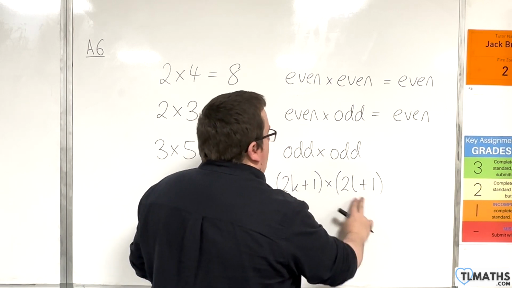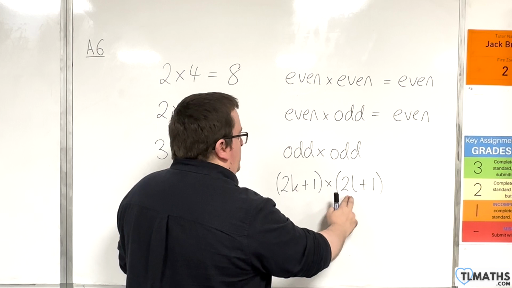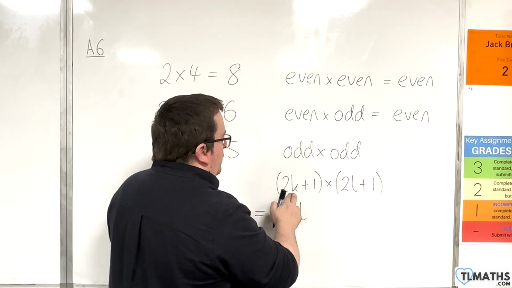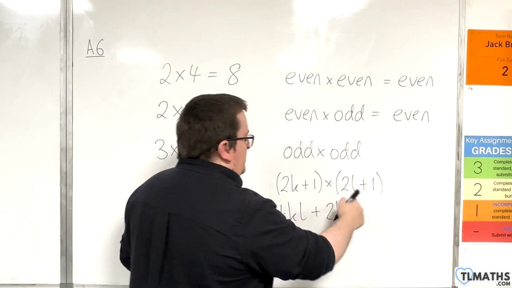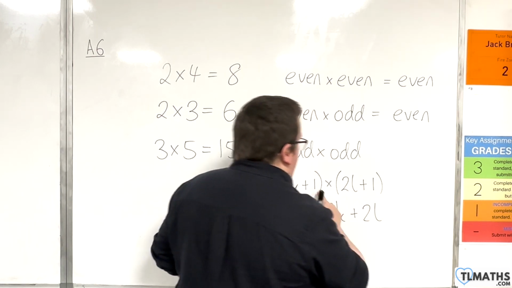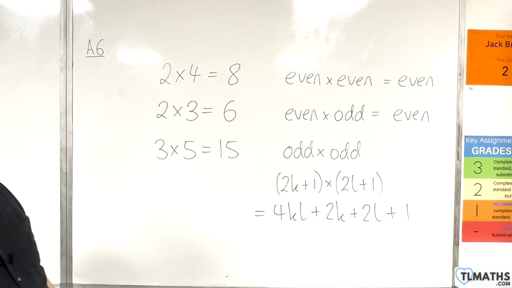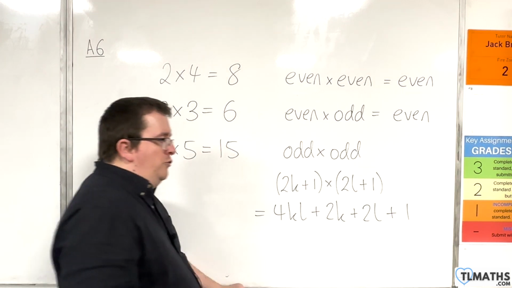Now if you expand these two out, we're going to get 2k times 2l, which is 4kl. 2k times 1 is 2k. 1 times 2l, and then 1 times 1.